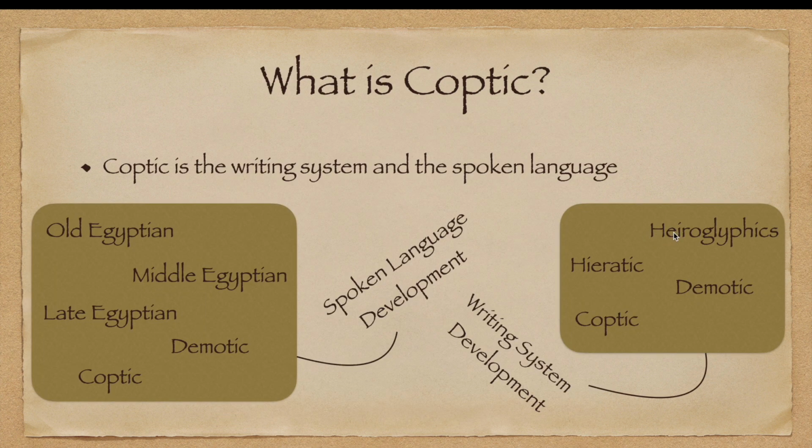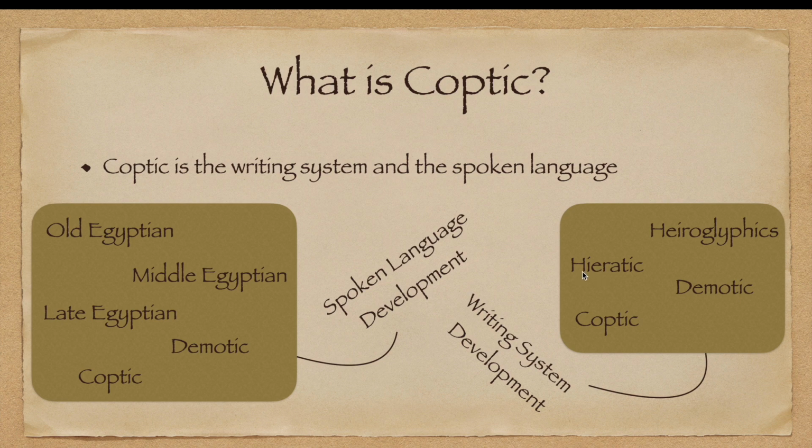So from hieroglyphics they went to hieratic, which was a cursive form of hieroglyphics. This was just to make it easier, because it was difficult to draw these pictures for every little thing, and so they switched to hieratic, which would keep all of the symbols but just simplify them.